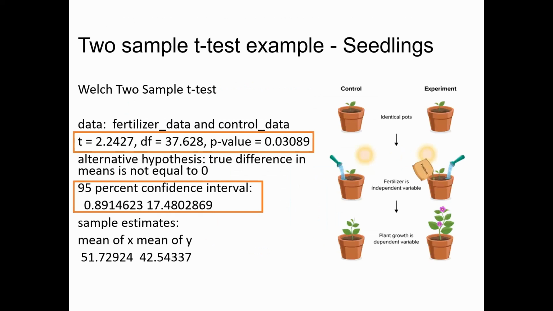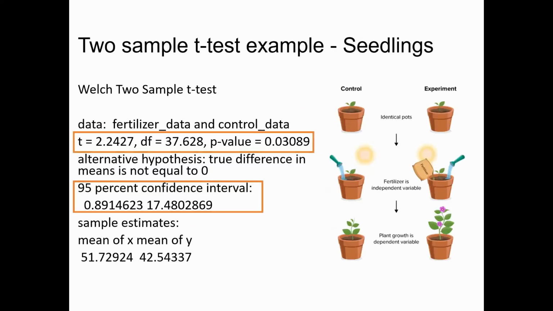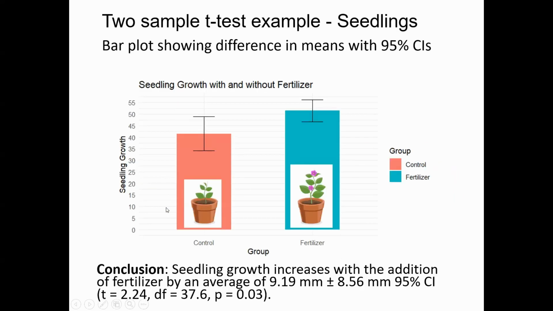So if you go back to the results here, if you take that 9.19 millimeters and you subtract this number, oh no, sorry, yeah, that's right. That's the number that you get. You get 8.56.